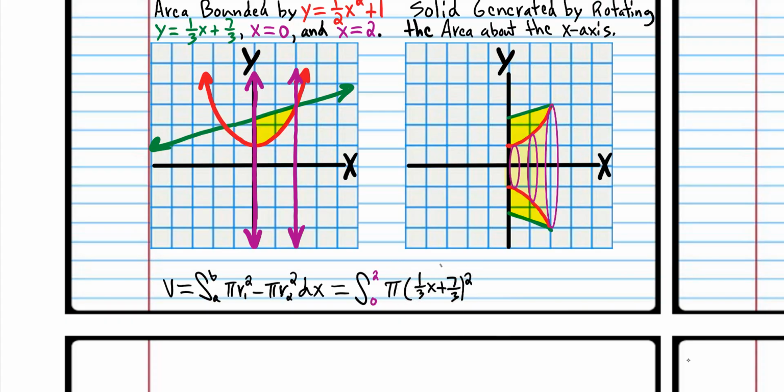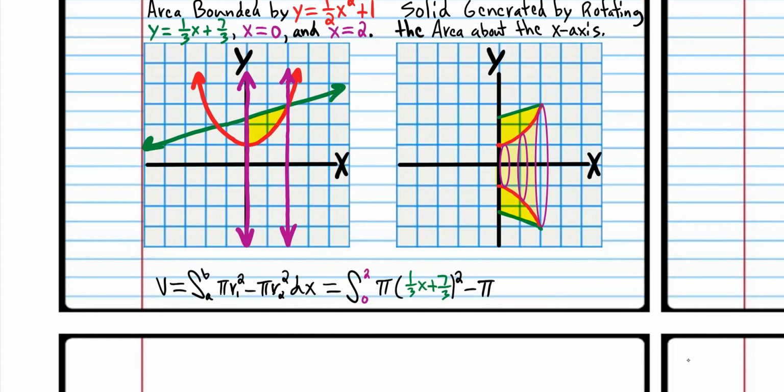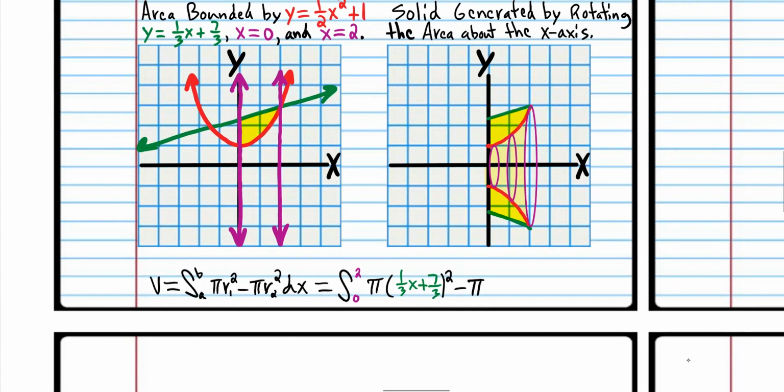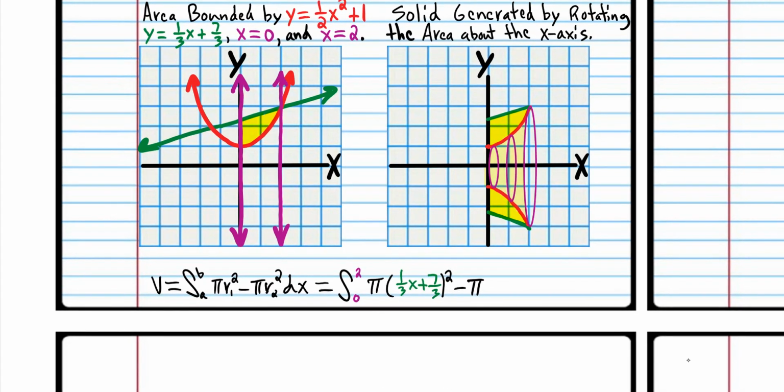So we are raising that green equation to the second power, and then we're going to subtract the cross-sectional area of the smaller, the hollow, the inner part. So we have pi times r squared.